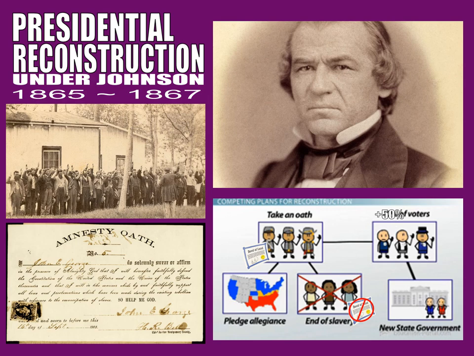And by the way, the pardoning is, if you owned, I believe, something like more than $20,000 in land, if you were one of these large planters, you got to ask him personally for a pardon, which ends up not being very hard. So, in other words, Johnson passes this blanket pardon of the vast majority of Confederate war veterans, with the exception of war criminals and war leaders and people that voluntarily fought for the Confederacy.